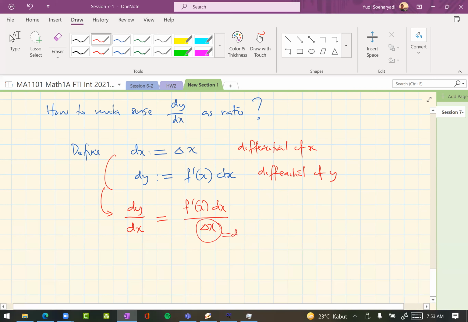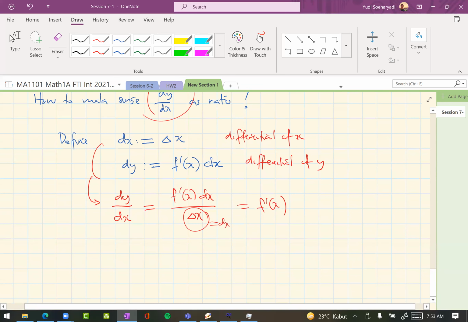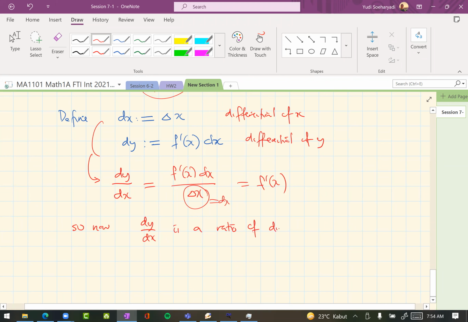So now we know dy over dx is a ratio of differentials.